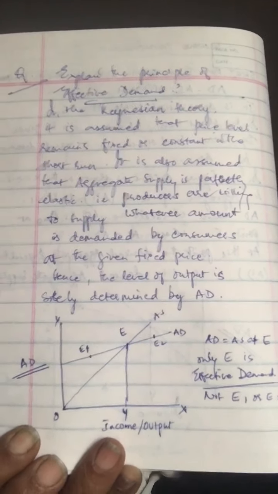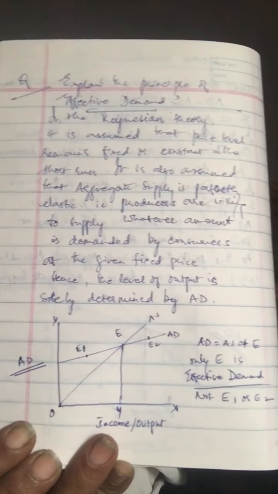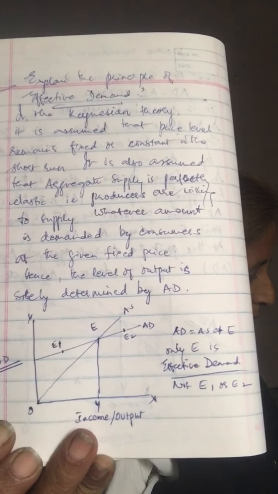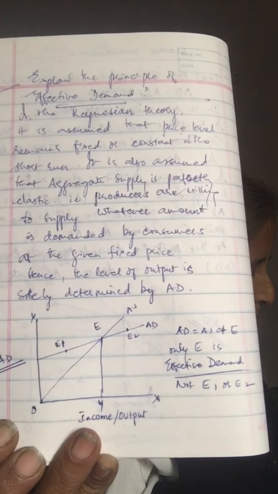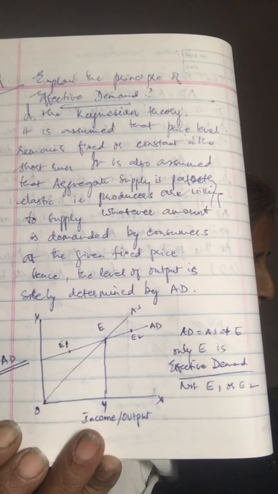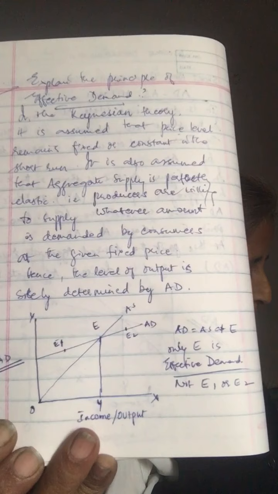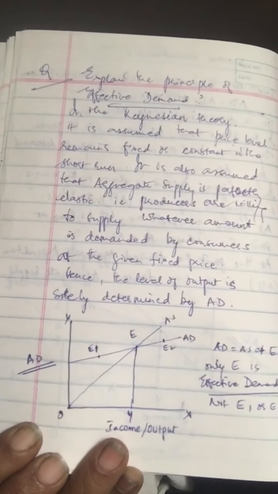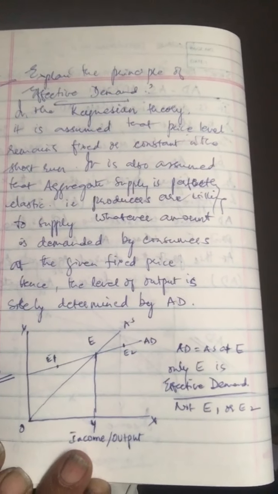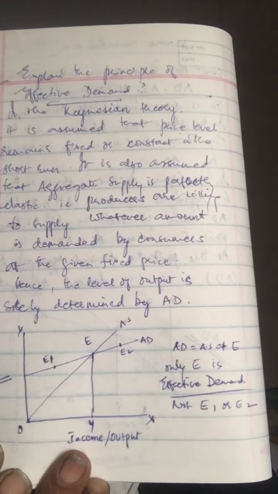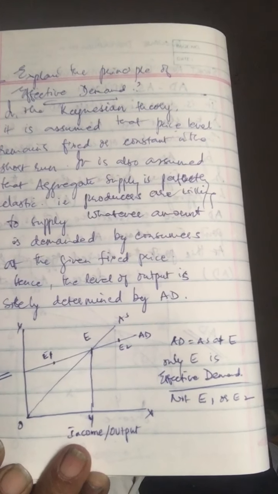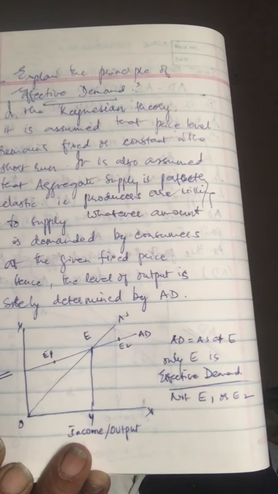So in the diagram, what do we see? We notice that income or output is shown along the x-axis, aggregate demand is shown on the y-axis. The AD and AS curves represent aggregate demand and aggregate supply respectively. Now point E is most important. The point E represents effective demand, as at this point aggregate demand and aggregate supply are equal.